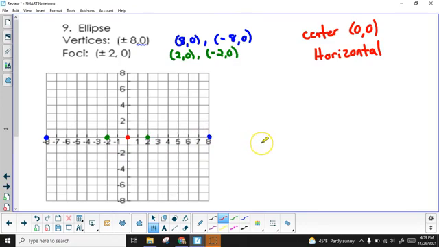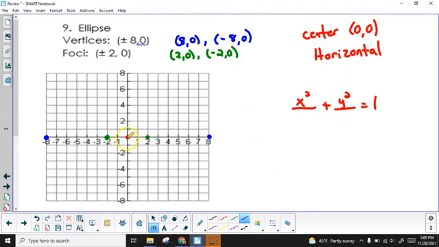So we can go ahead and get a pretty good part of our equation. Since our center is (0, 0), that means we're going to have x squared over something plus y squared over something equals 1. Now the amount we go out left and right, that number squared is going to go underneath our x value.